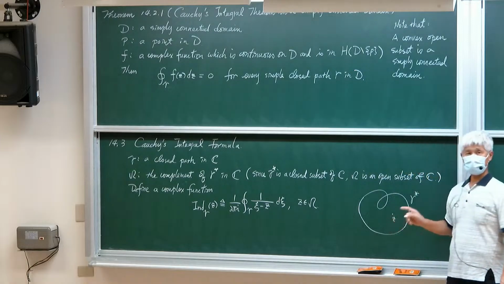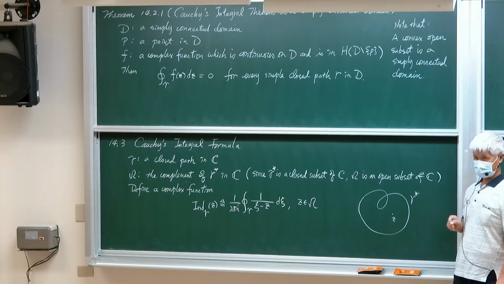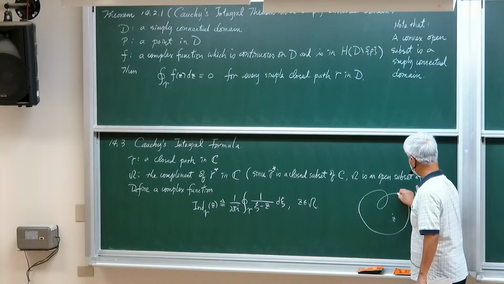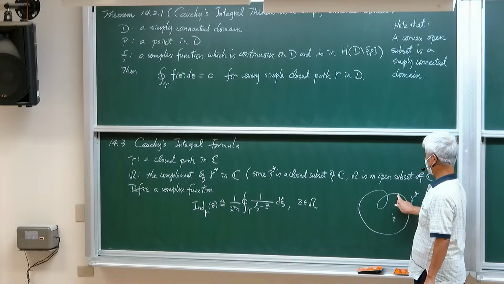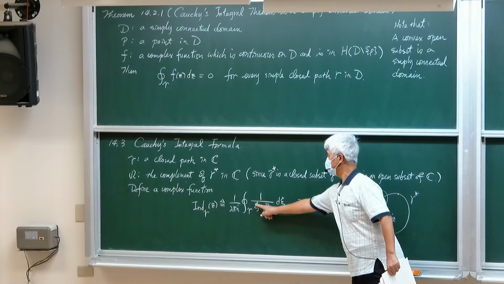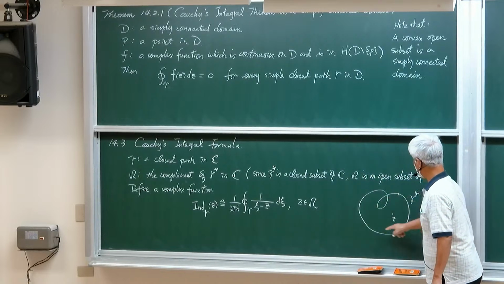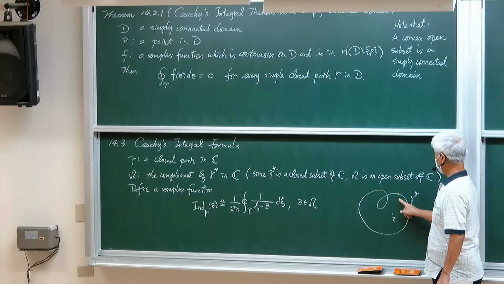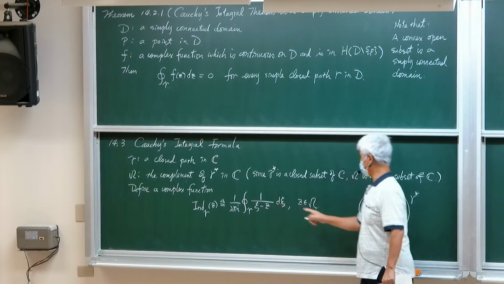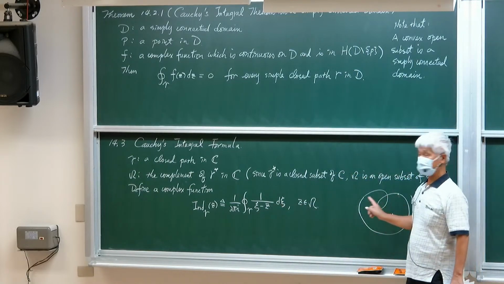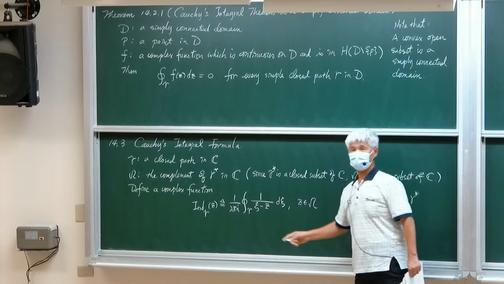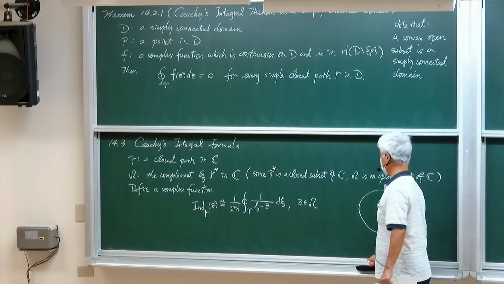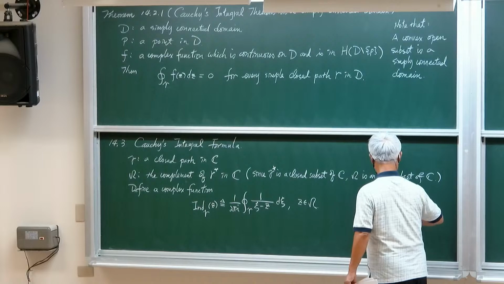So Z should be in the complement of gamma star. Otherwise, if Z is on gamma star, then as eta traces over the path, there is an eta which is equal to Z, and the denominator becomes 0, which is undefined.